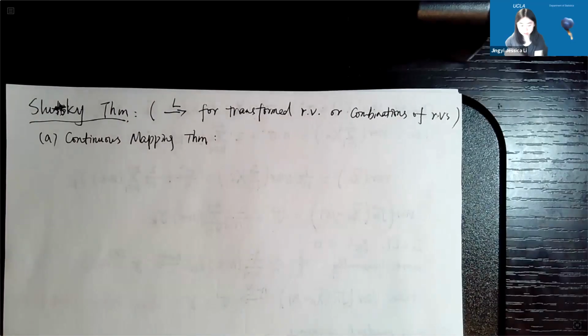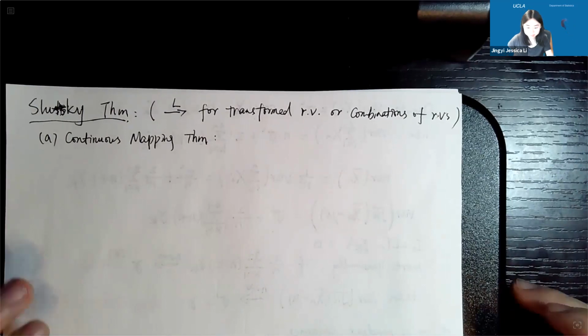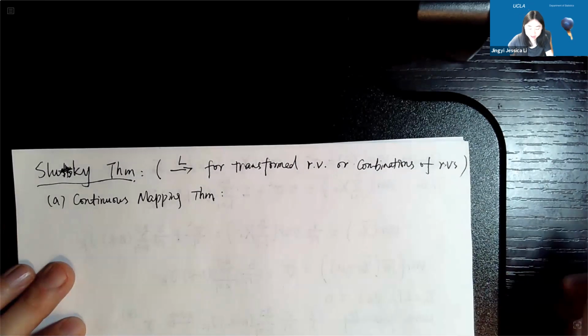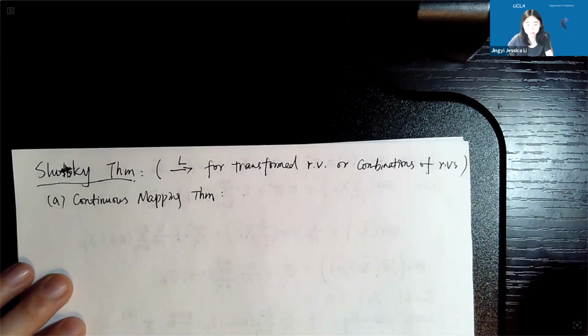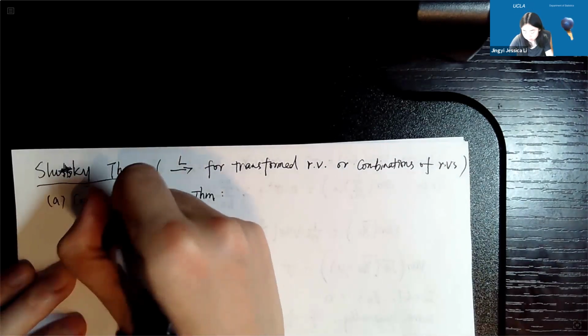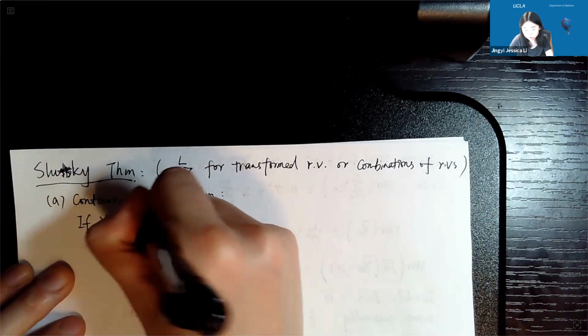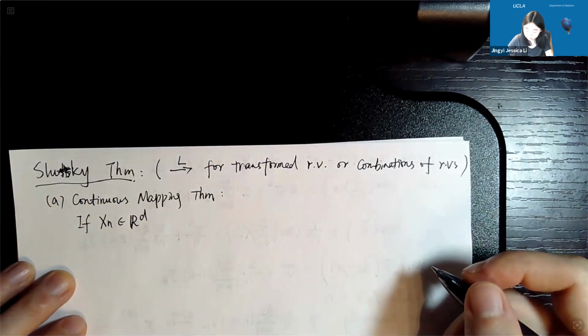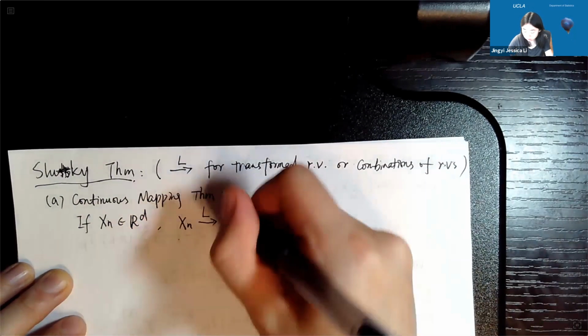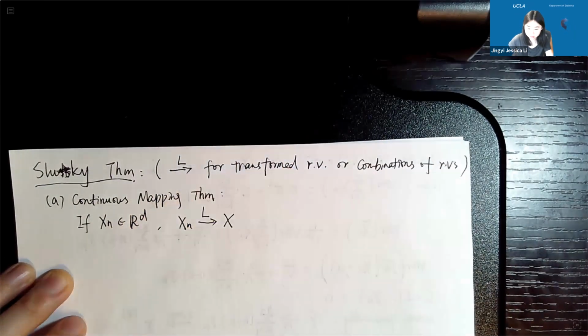And so for the continuous mapping theorem, it's basically saying this. If I have, then this can be applied to multidimensional random vectors. So if I have Xn as a d-dimensional random vector and Xn converges in law to another random vector X. This is the condition 1.